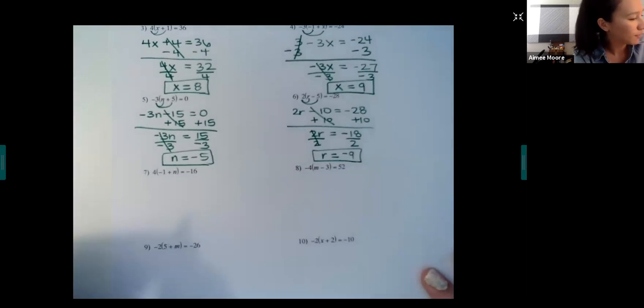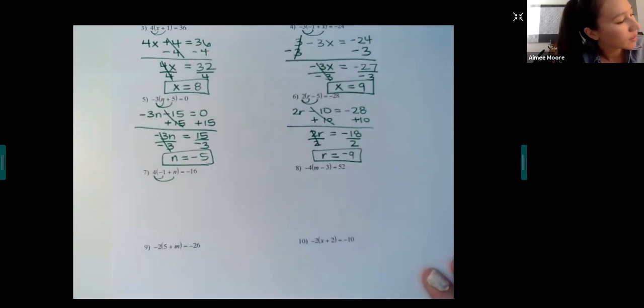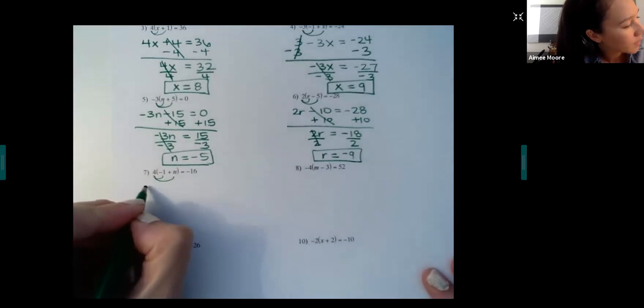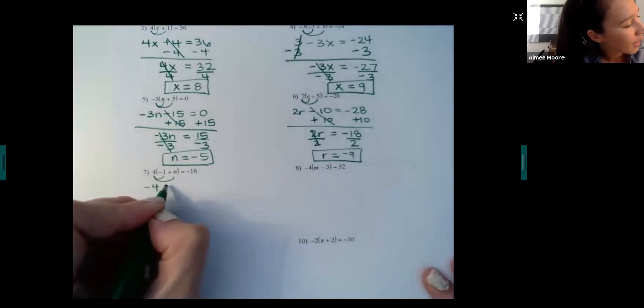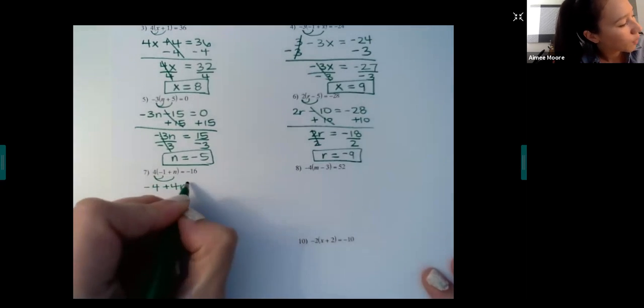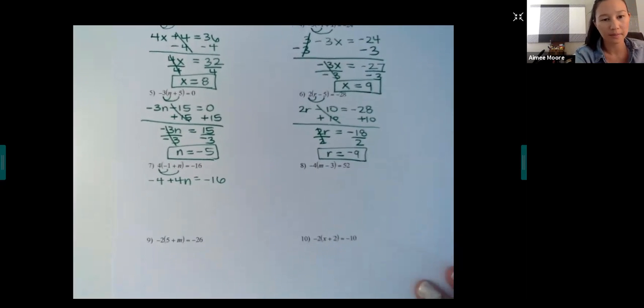Okay, I'll do number 7, and then we'll have 3 left, so we can go through one more time. So we're going to multiply everything in the parentheses by 4. So 4 times negative 1 is negative 4. 4 times n is positive 4n, and that equals negative 16.